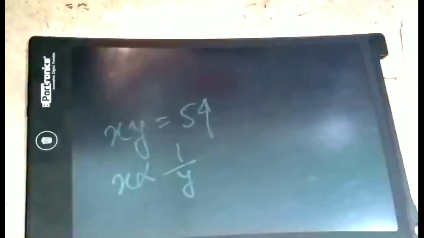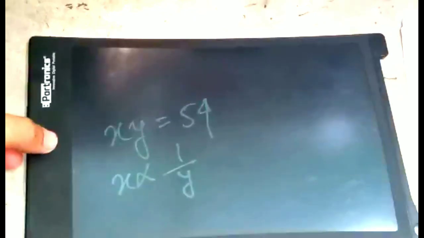Before concluding this lesson, I would like to clarify one thing. We may sometimes find that x is increasing and y is also increasing. We may also sometimes find that x is decreasing and y is increasing. Such things we find most of the time.